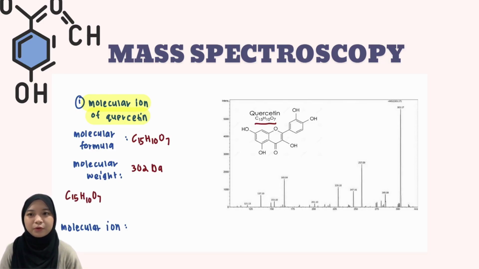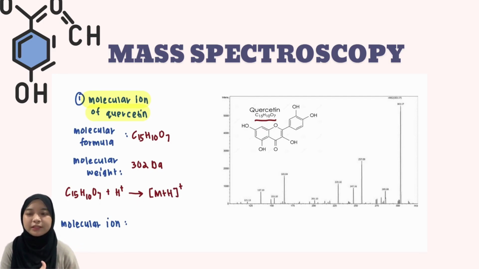During the ionization process, one proton, H+, is added to the quercetin molecule, forming the protonated molecular ion M plus H+. As a result, the molecular weight increases by approximately 1 unit from 302 Dalton to 303 Dalton. Therefore, the expected molecular ion appears at M/Z 303.